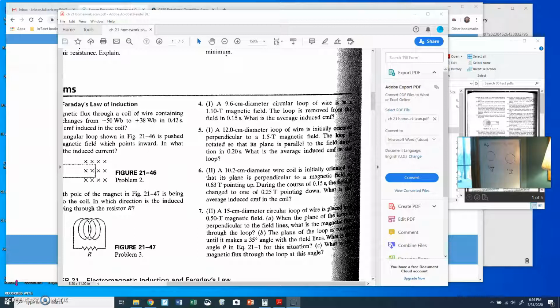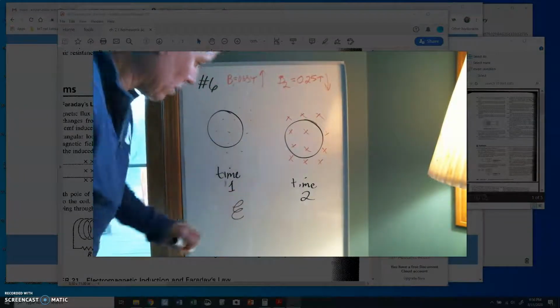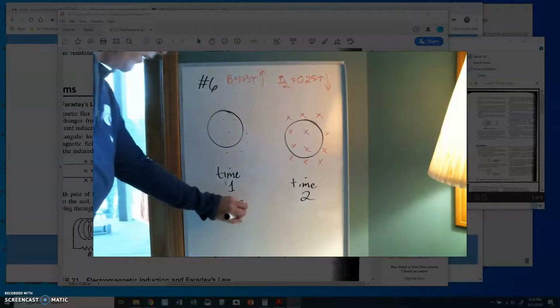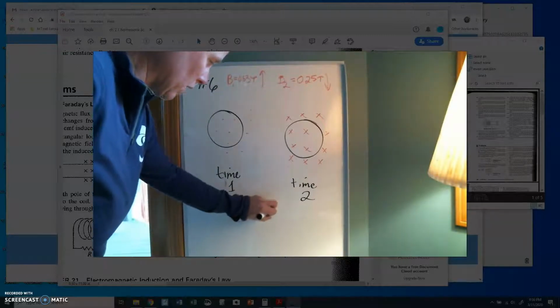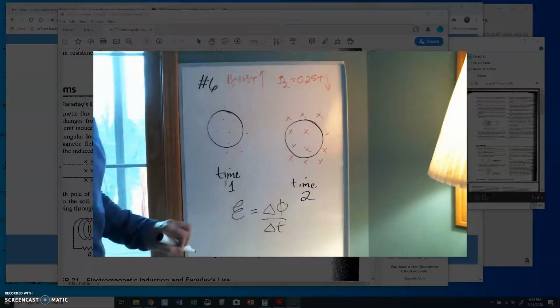Okay, so let me first go here. Oops, before I ruin another video. Let's go here. How about that? The EMF is produced by delta phi over delta t.